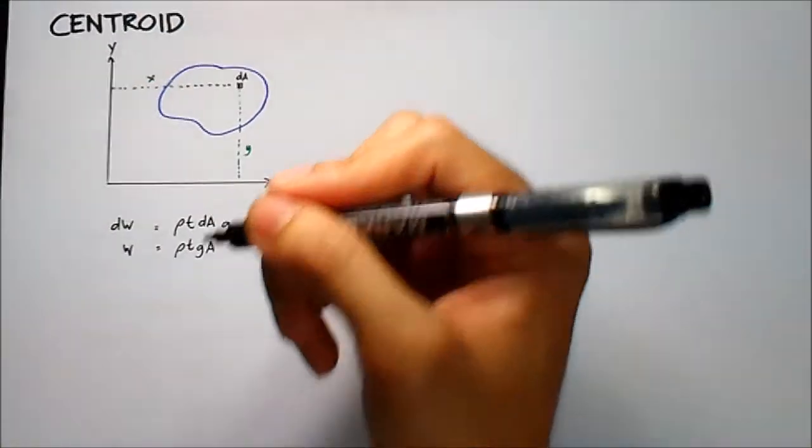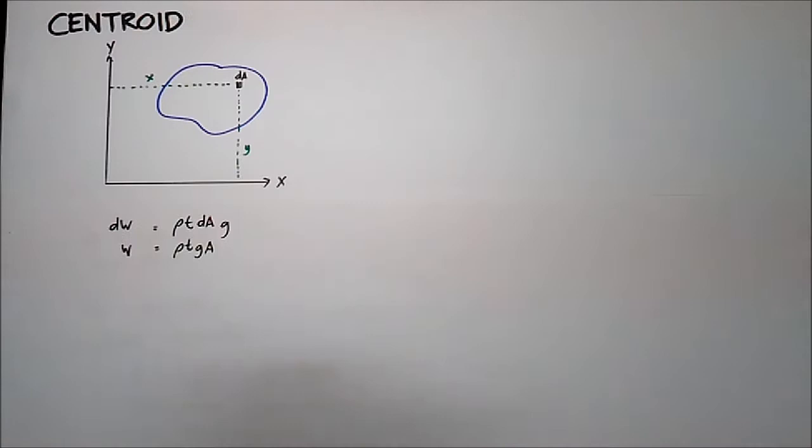The first moment of weight of this infinitesimally small element about the x-axis is given as the product of its weight and perpendicular distance from the x-axis.